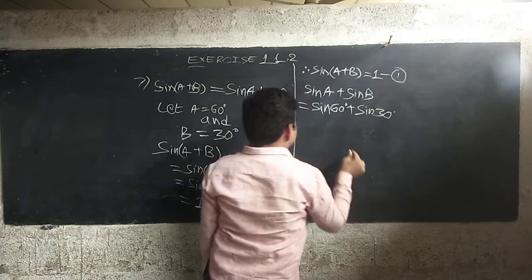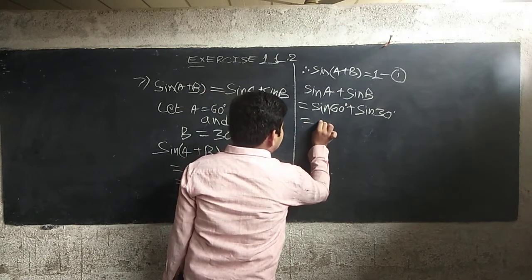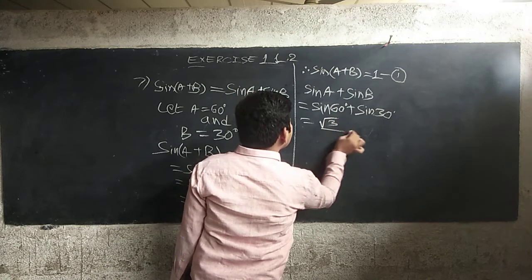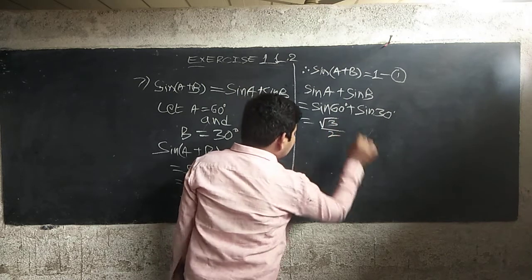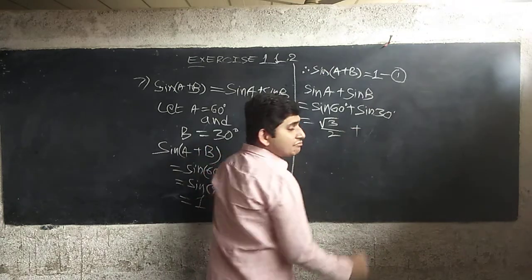Sin 60 equals what? Root 3 by 2. Plus sin 30 equals what? 1 by 2.